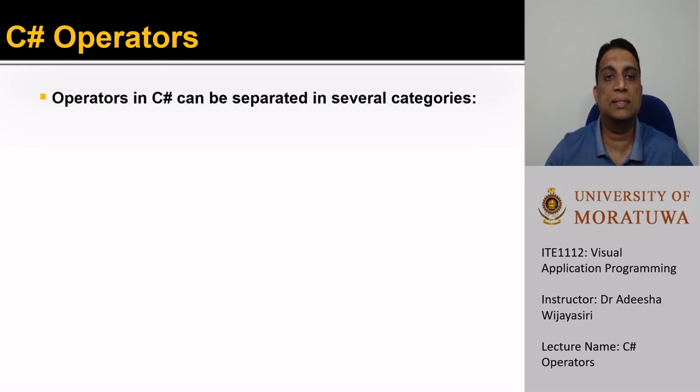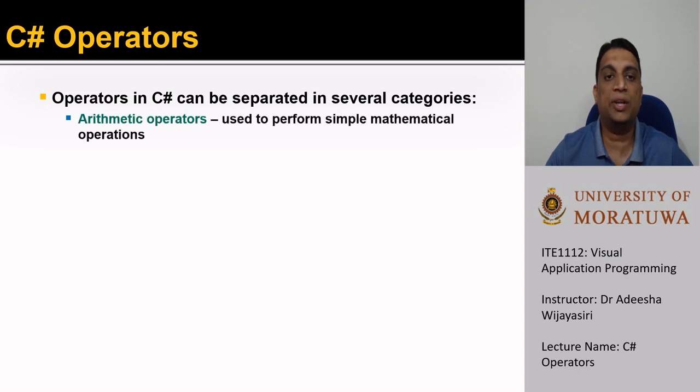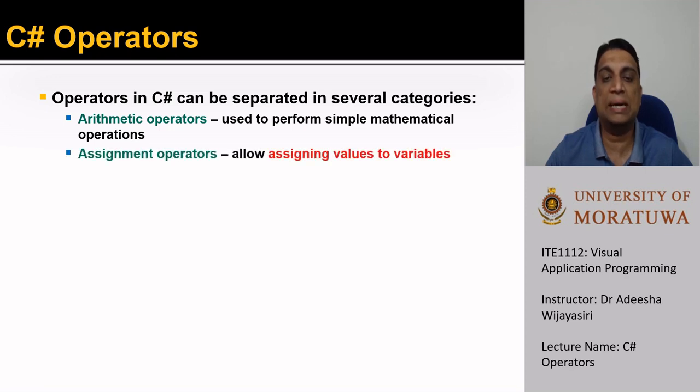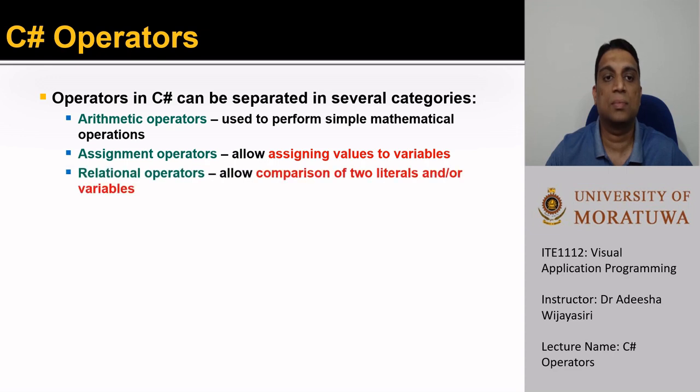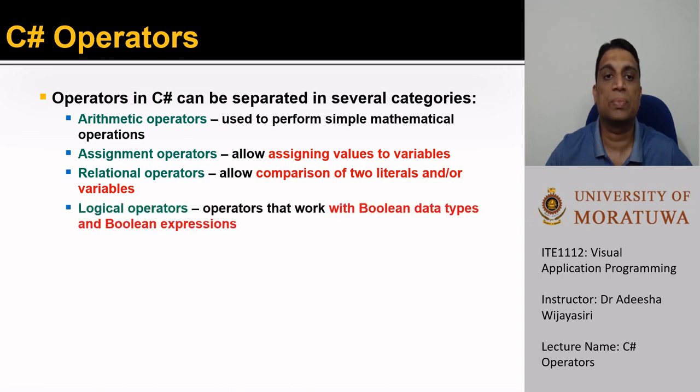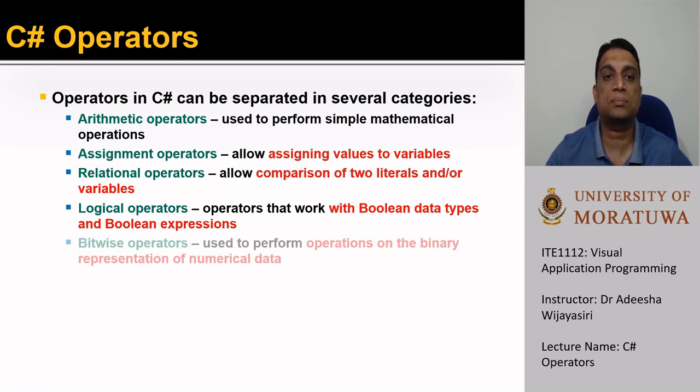We can categorize C# operators as follows. Arithmetic operators, which are used to perform mathematical operations. Assignment operators, which are used to assign values to variables. Relational operators, which can be used to compare literals and variables. Logical operators, which are used to work with Boolean data types and Boolean expressions.